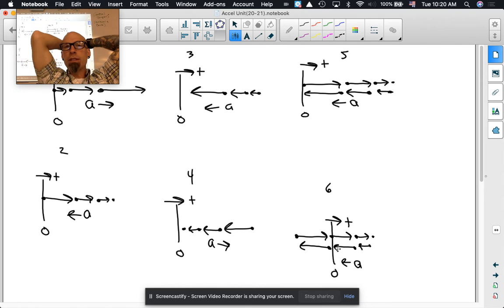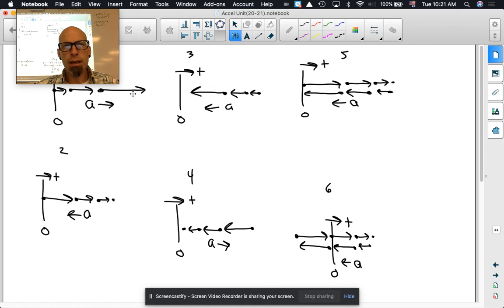Do you see what's happening? A is in the what? Well, that's positive, that's negative, that's negative, that's negative. Okay, so the A's aren't always facing the same direction, but they are in the same direction as what? The A is in the same direction as the velocity here.